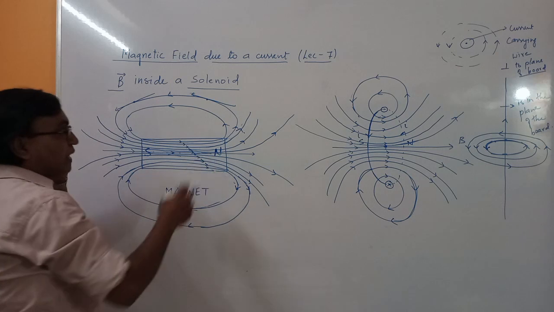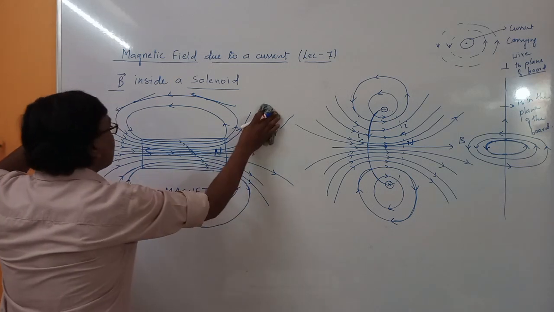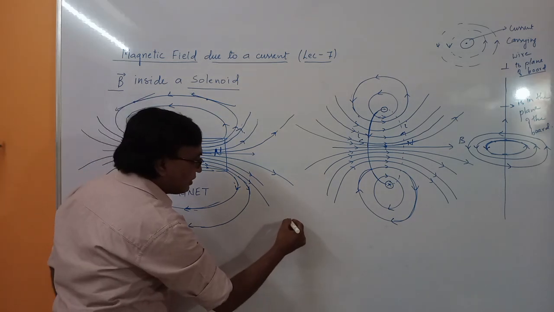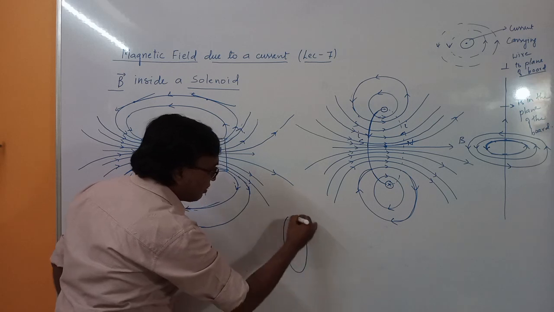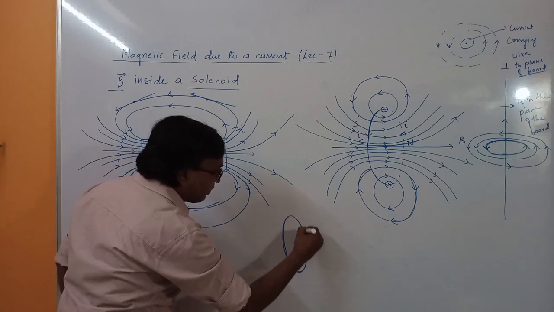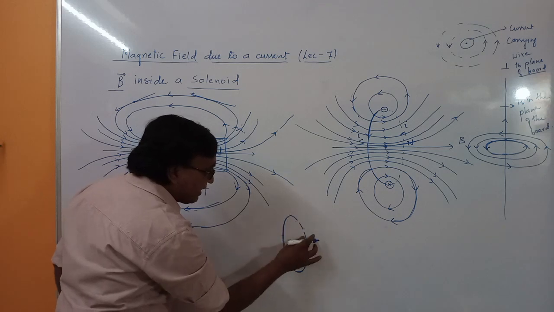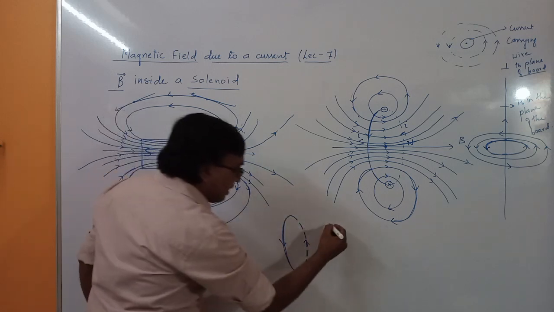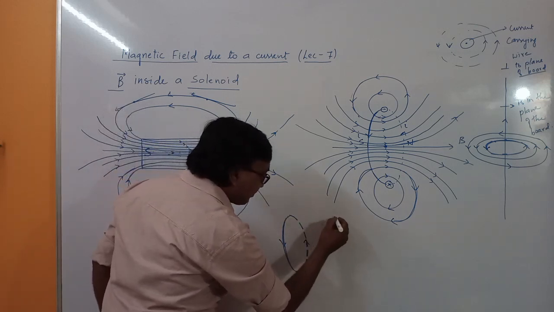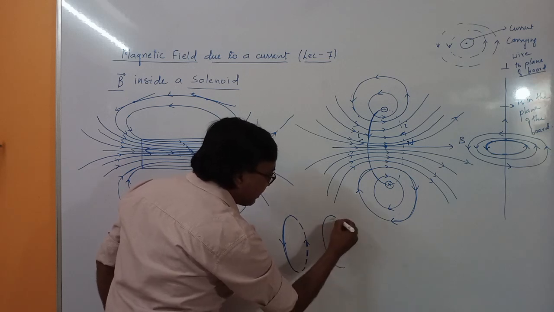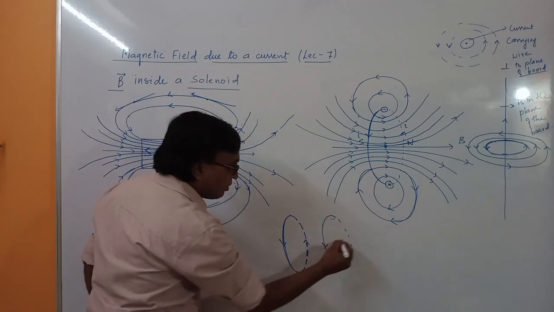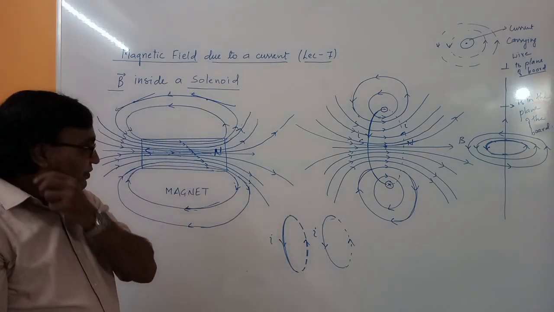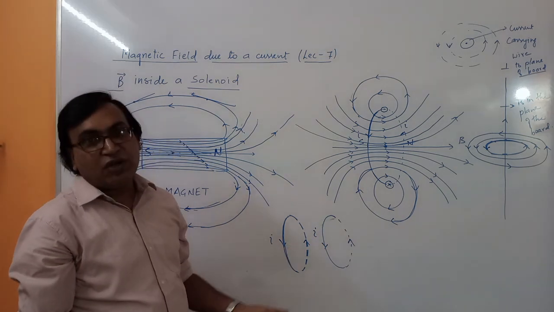Then we'll see if you have two circular coils. So this is a coil or circular ring carrying a current I, and this is the direction of current. Then another similar circular coil carrying a current in the same sense. So this is I, this is also I. Then we have to find the direction of the north pole and south pole.